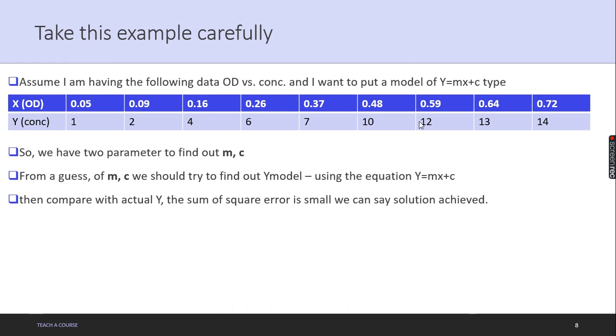So the actual y values will be compared with the model to see the difference, or the error. We'll try to make the square error as small as possible. That will be our objective.